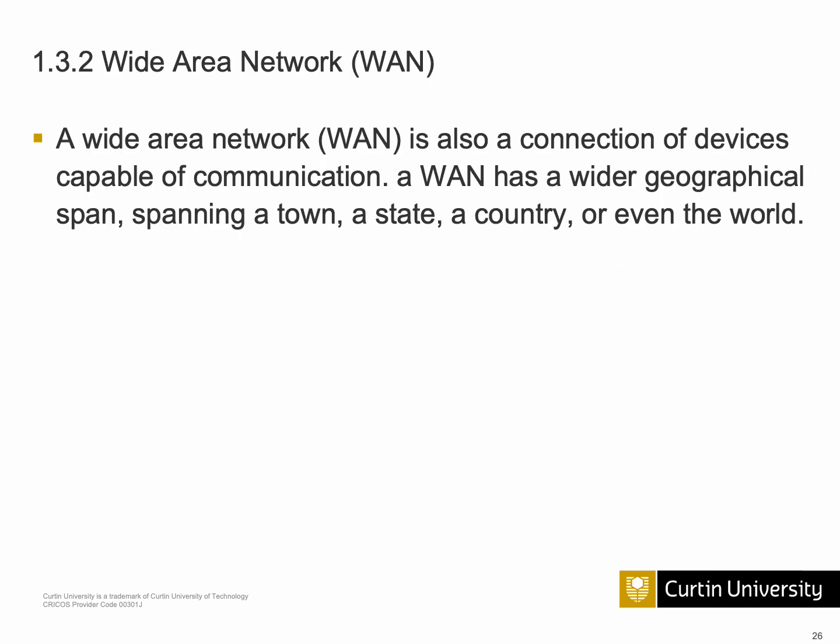A wide area network, or WAN, is an interconnection of devices capable of communication. However, the difference between the LAN we discussed earlier and the WAN is that a LAN is normally limited in size. It can be used within a small area like an office, building or a campus.